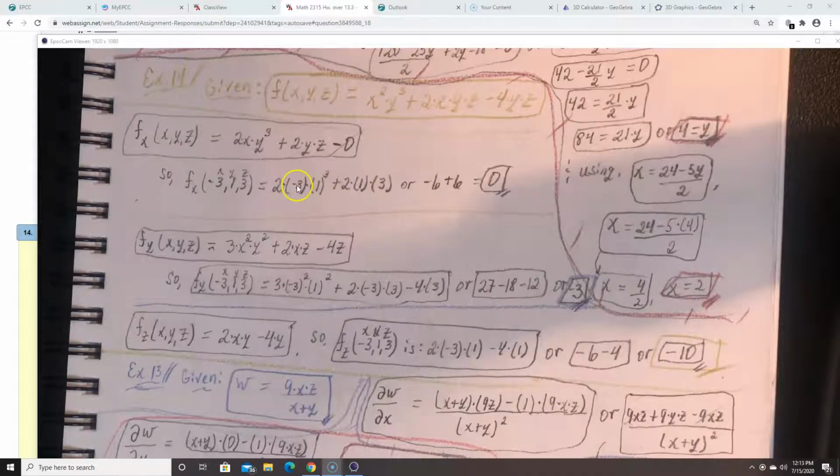Compute this out. 1 cubed is 1, times negative 3 is negative 3, times 2 is negative 6, right there. Right here, 2 times 1 times 3 is plus 6. This term was 0, so we don't have to write it down. And negative 6 plus 6 is 0. So the slope does exist, and it just happens to be 0.